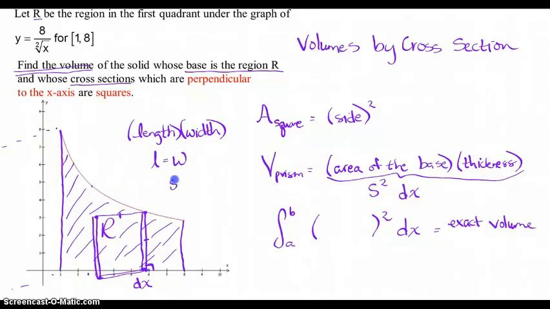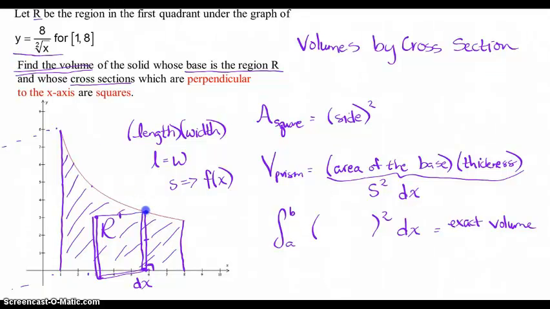So that's why I'm just calling each one a side. And I want the side, of course, in terms of the function that was given, right? Because that's all I have to go on.